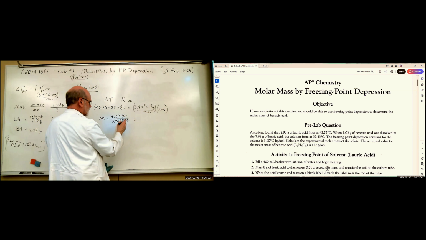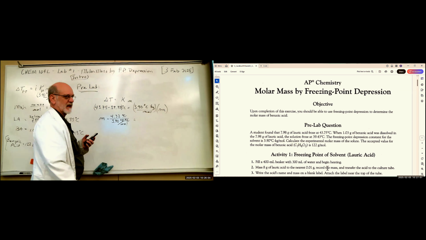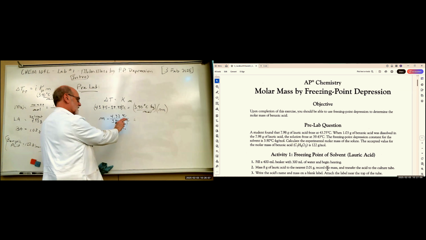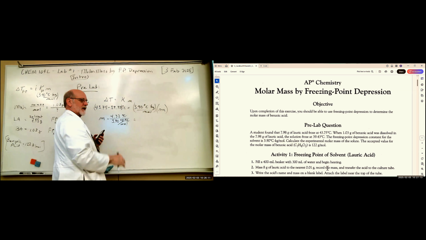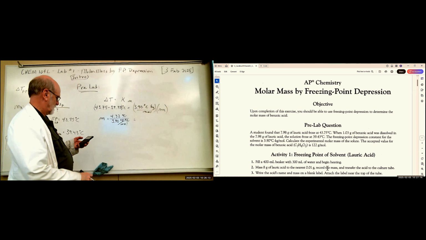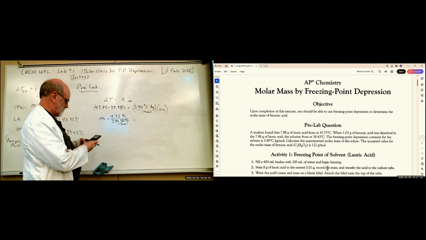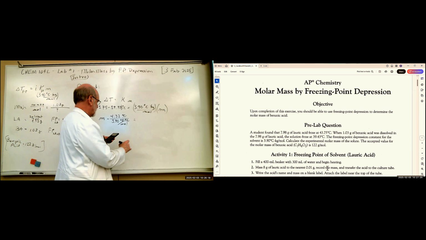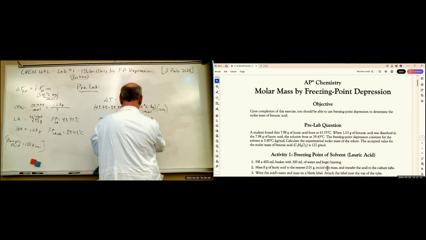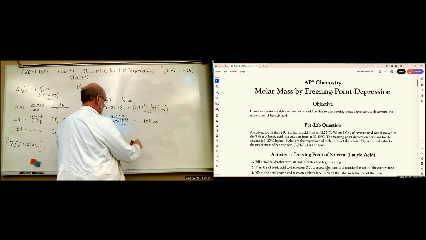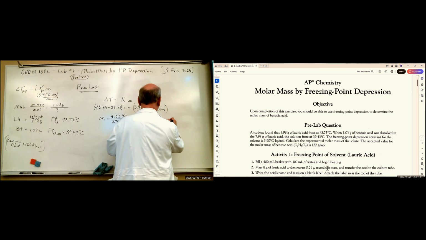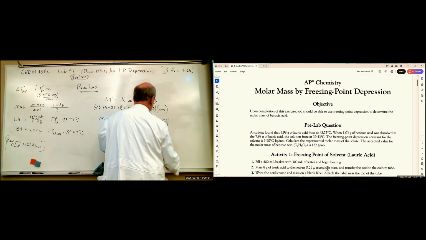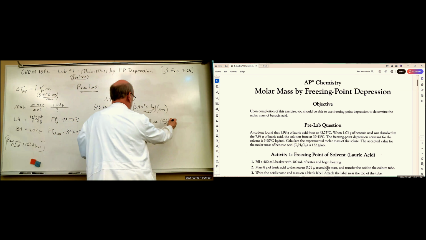The degrees C cancel and we're left with moles per kilogram, which is molality, because the fraction in the denominator flips when it goes to the numerator. 4.32 divided by 3.90, I get 1.108 molal.